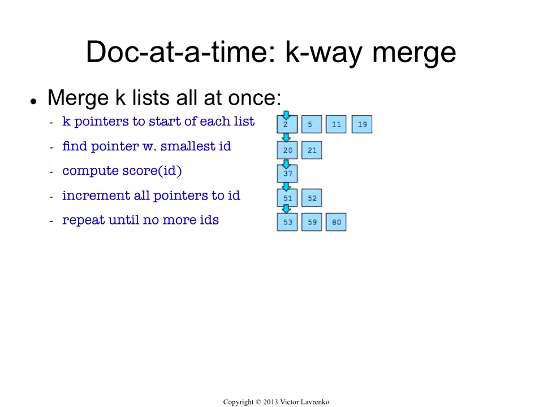So no two lists contain the same document, so this way we would increment only one pointer. This means that we would repeat this loop n times, where n is the total number of entries in all of the lists. And that also means that in the body, the computation of the score will involve only a single posting. So that's a single cost operation, right? You could sort of pretend that it's a constant, right?